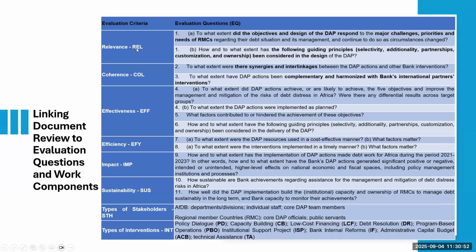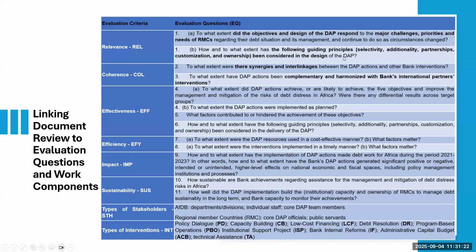The first element is that you indicate to the coder which criteria is relevant to this specific quotation. Let's say it will be relevant. And then for the quotation, you have to indicate which question it is attached to. So in one case it will be relevant EQ1A.